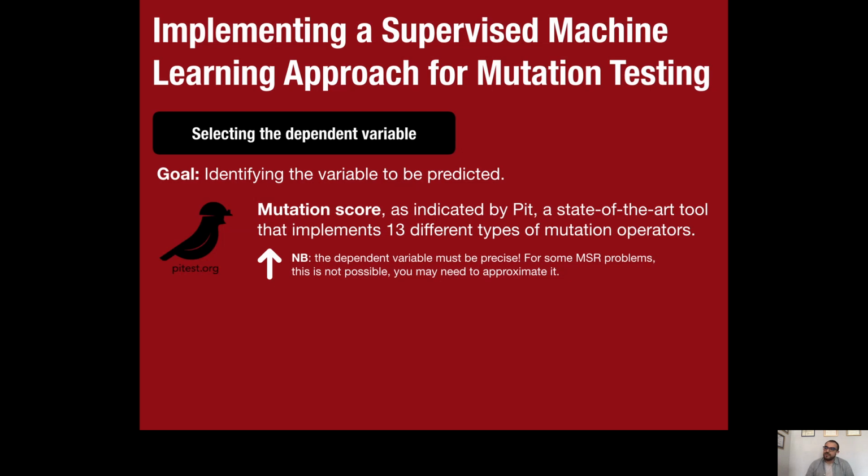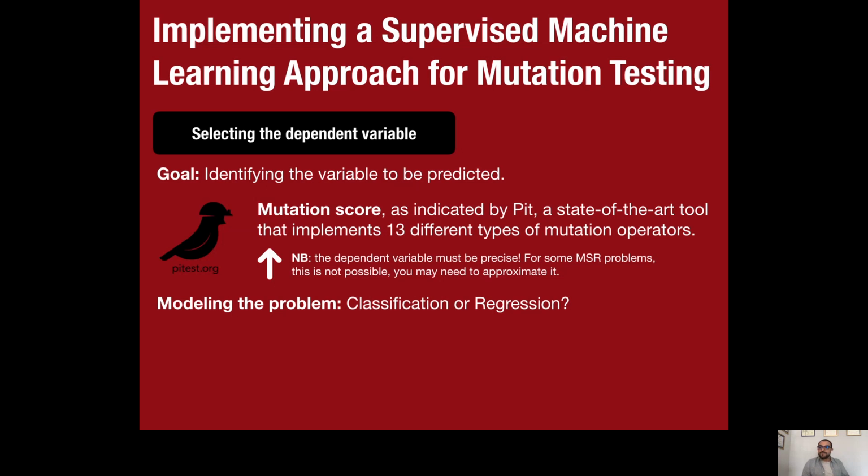For instance, consider the problem of defect prediction, in which you want to understand whether a component was buggy in the past. In this case, you cannot be 100% sure, at least in some cases, and therefore you may need to approximate the dependent variable. And this, of course, creates some bias, and you may want to estimate the bias caused by the approximation.